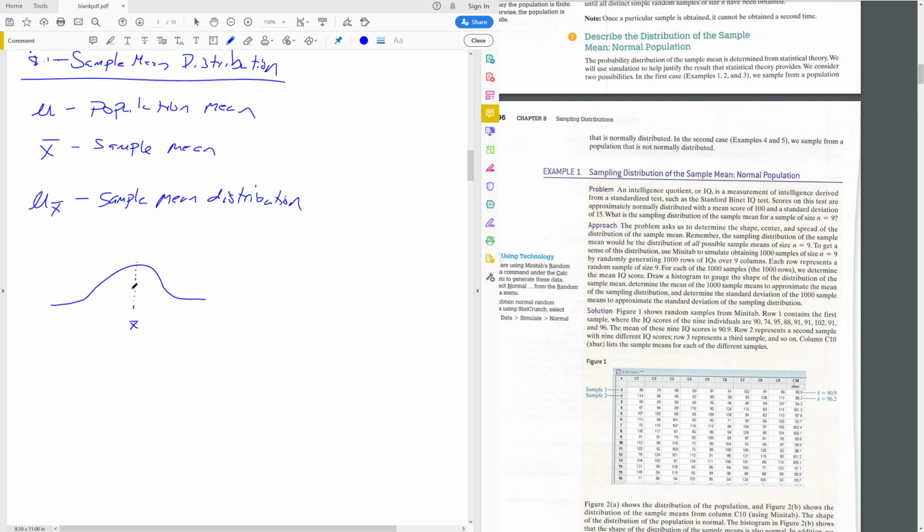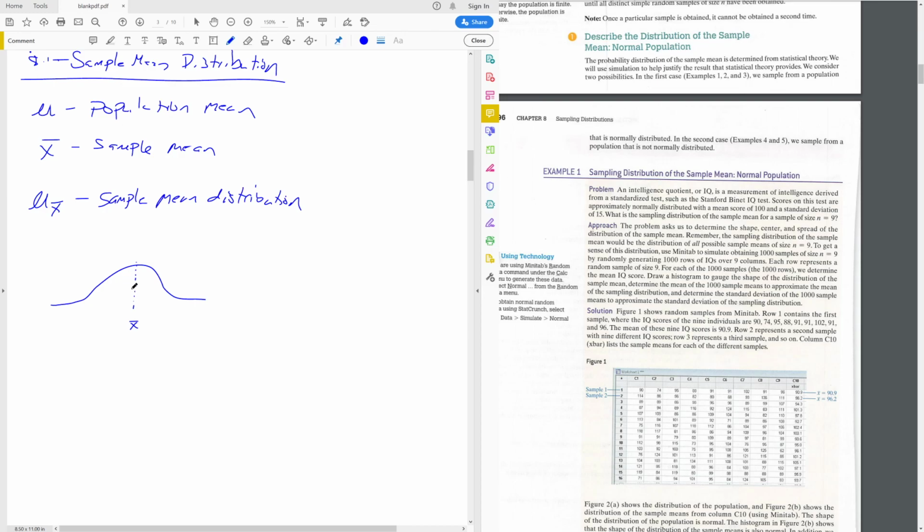And the idea is, let's think about this with an example. If we wanted to know the average, let's say, height of students in the high school, obviously, we're not going to go out and measure everybody. We're going to select a sample.